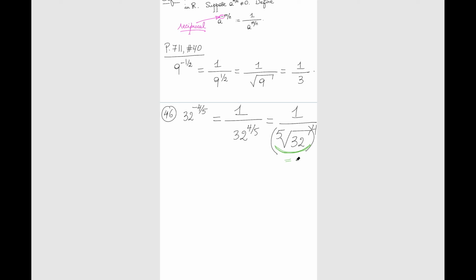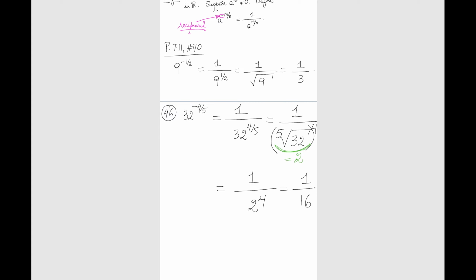What's the number so that if you raise it to the power 5, you get 32? It's 2. So that's equal to 1 divided by 2 to the power 4, and 2 to the power 4 is 16. So that's 1 over 16. Okay.